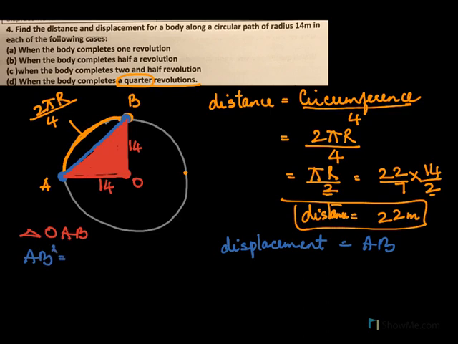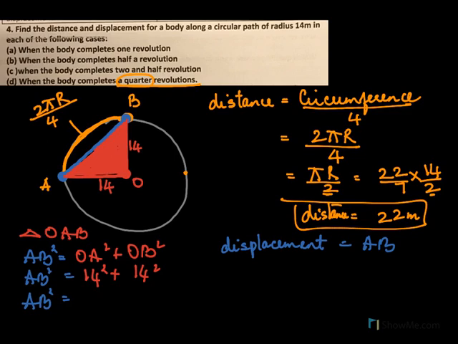AB square equal to OA square plus OB square, and your AB square equal to 14 square plus 14 square. Now see, I'm not finding 14 square. Okay, so I'm doing AB square.